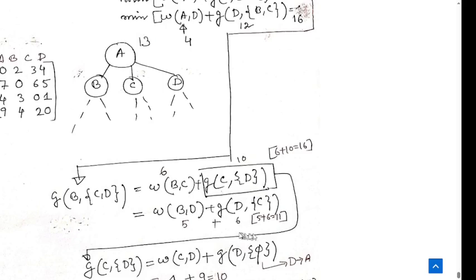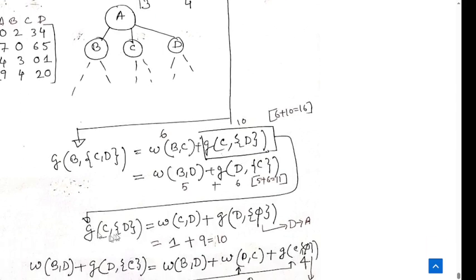Now this again will be expanding. So G(C, {D}) is nothing but W, that means the distance between C comma D plus G(D, phi), because you have already chosen C here, so there is nothing left. So D comma phi means that after D, it is again visiting A, the starting vertex.